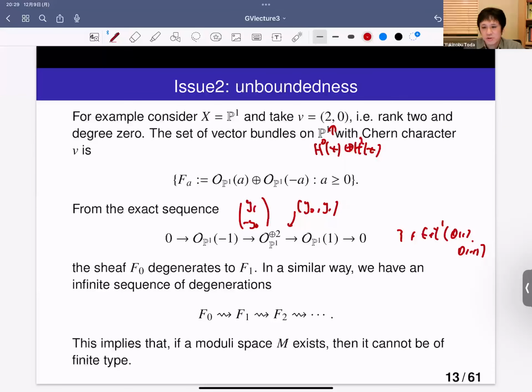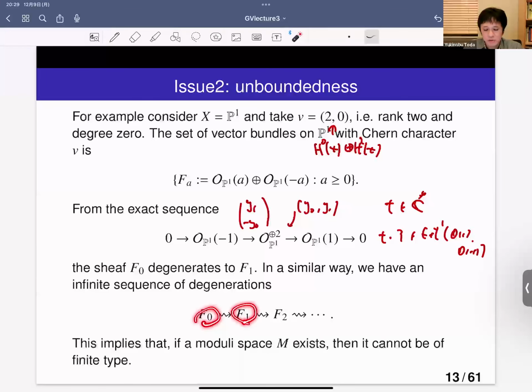So if we take this extension class, for example, if we take some multiplication by t and take the t to 0 limit, then we get the direct sum of O_P1(-1) and O_P1(1). That is nothing but F1 in this notation. So this means that the sheaf F0 degenerates to F1. And in a similar way, the sheaf F1 also degenerates to F2.